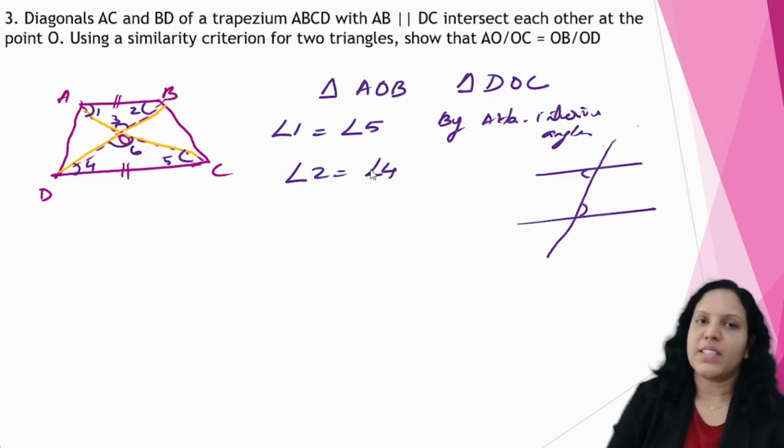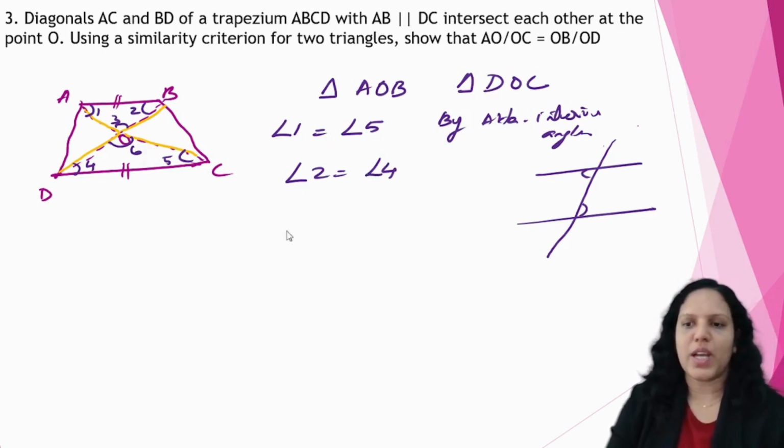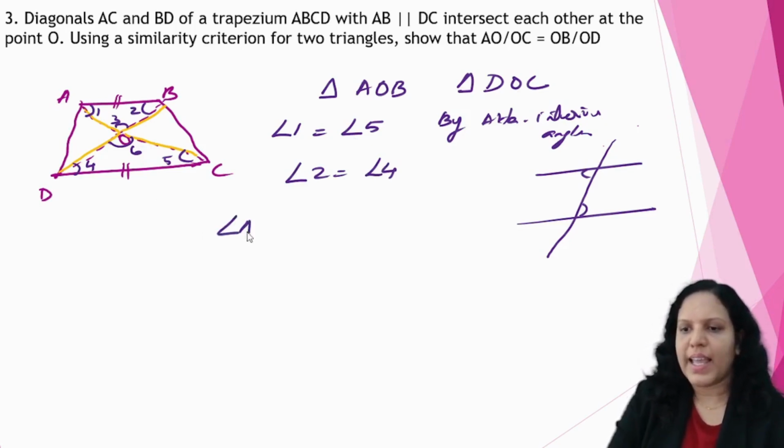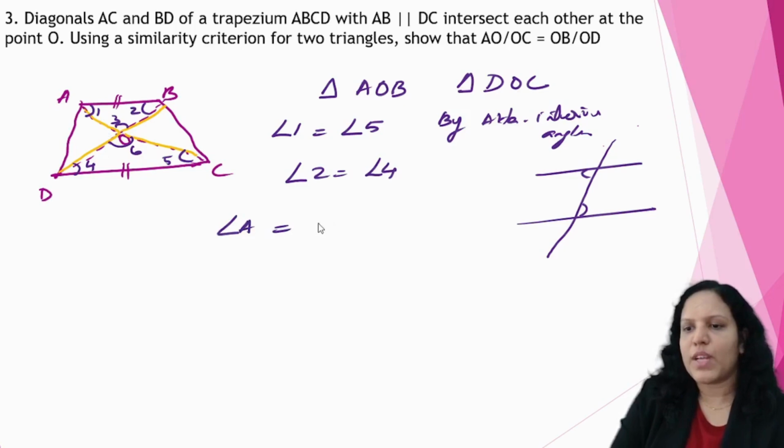So the alternate interior angles are always equal. Angle 1, which is angle A, is equal to angle 5, which is angle C. And angle 2, which is angle B, is equal to angle D.